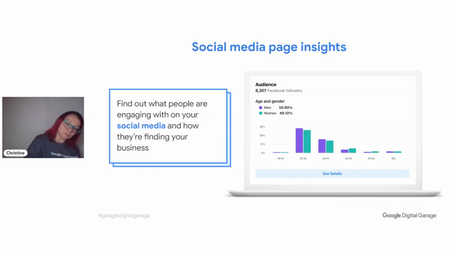Something like a Facebook, a Twitter, TikTok, Instagram, even YouTube, all of these platforms want you to spend time on their platform. They also, if you're a business, want you to spend money on their platform. So they all offer insights of different kinds, which is where you can see how people are finding you, how people are engaging with you, what people do next.